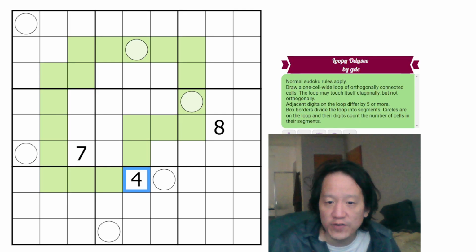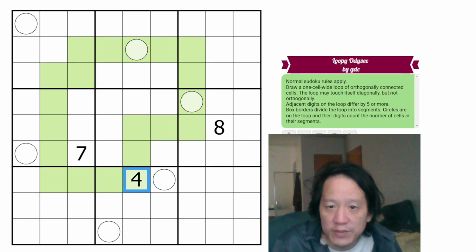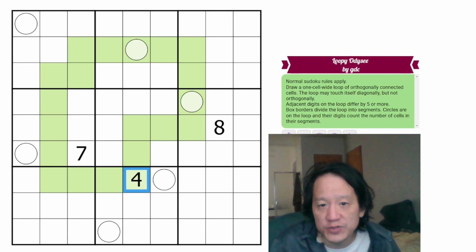Box borders divide the loop into segments. Circles are on the loop and their digits count the number of cells in their segment. So every circle is on the loop. Let's use this one.